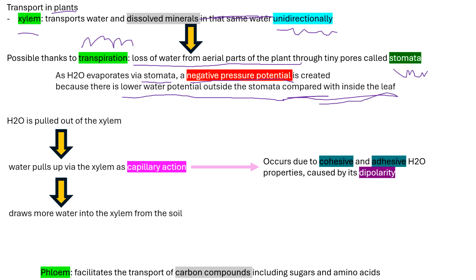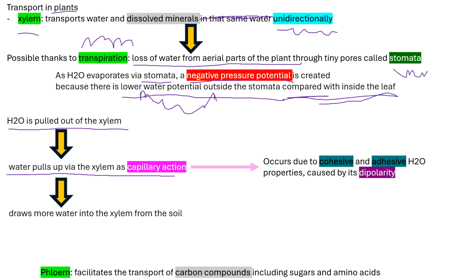Because inside the leaf, there's all the water, and in the air outside the leaf, there's not as much water. So there's lower water potential outside. Now, water is pulled out of the xylem, and this causes water to pull up via the xylem as capillary action.